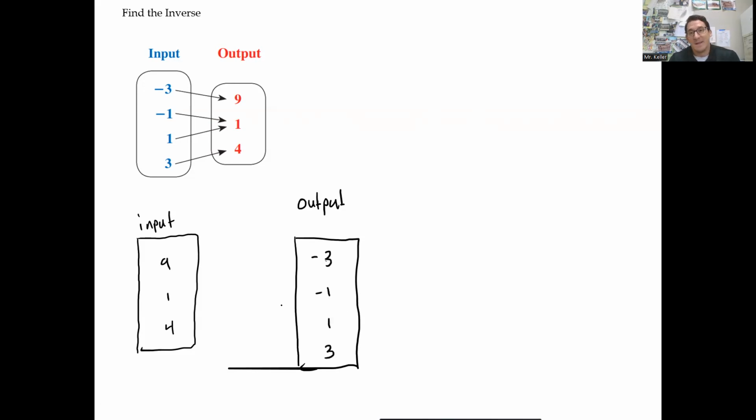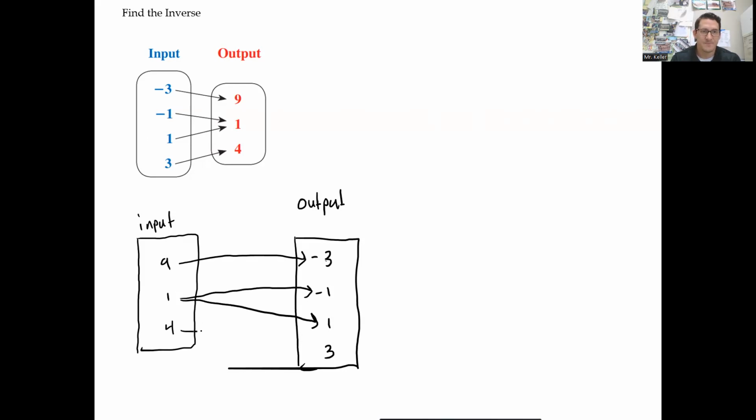All right, and a lot of kids, I know you like to just leave the diagram like that. It doesn't work. You have to do the mapping arrows. So here, an input of 3 gives you an output of 9. So that means the input of 9 gives an output of -3. -1 goes to 1, and 1 goes to 1. So this one here is going to have two outputs. It's going to have an output to -1 and an output to 1.